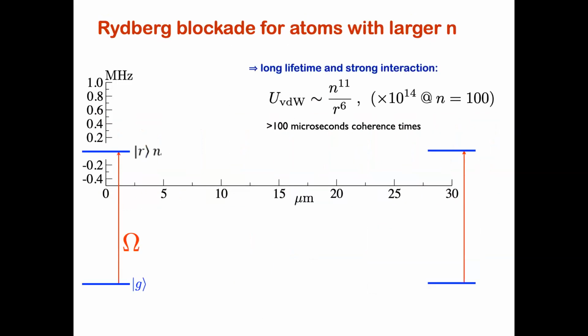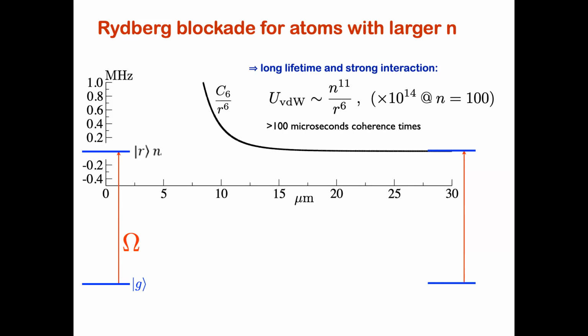So let me just mention one specific feature which we like to use from Rydberg physics, and this is Rydberg blockade. The idea of Rydberg blockade is the following. Suppose you drive atoms into the Rydberg states resonantly, and initially the atoms are sitting very far away. In this case, they will just undergo individual independent Rabi oscillations.